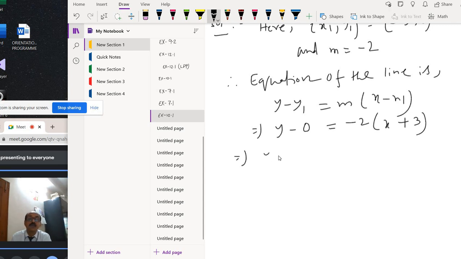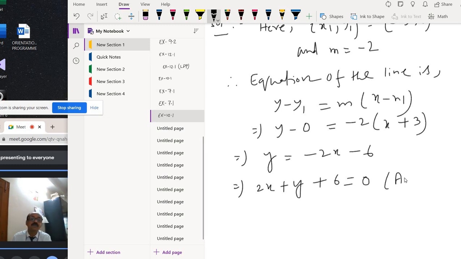So y equal to minus 2x minus 6. So that is 2x plus y plus 6 equal to 0. Okay, this is the required equation of the line.